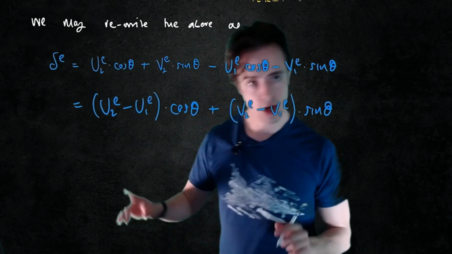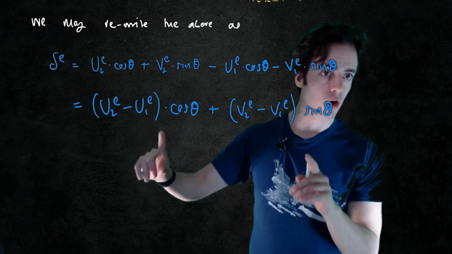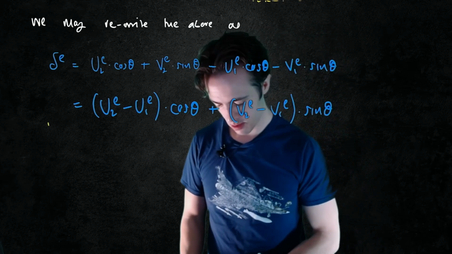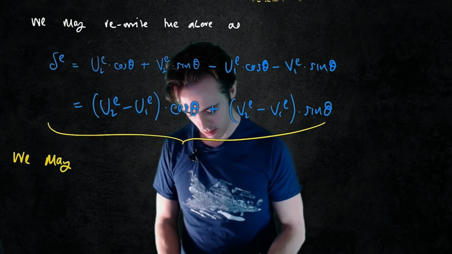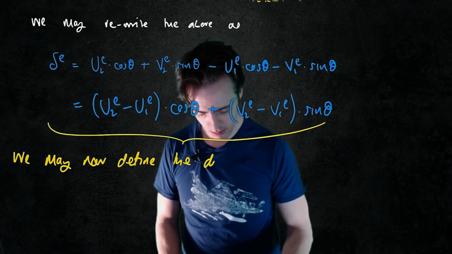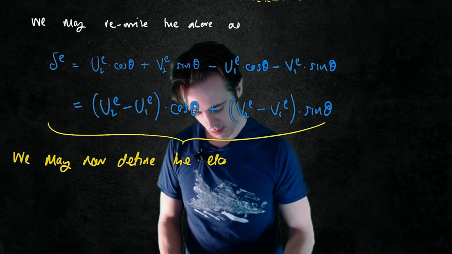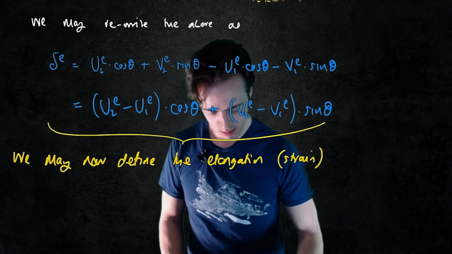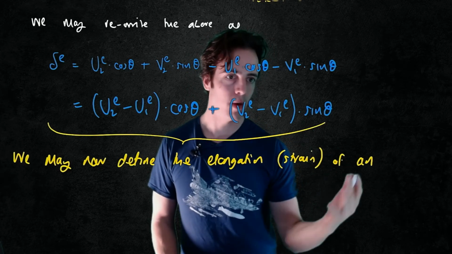Okay, so we've now got our displacement of each element as a function of however much each node of an element moves in a direction aligned with global coordinates. Let's call it the elongation. And I've written strain because it's not quite the strain. I need to divide it by the original length for it to become the strain.